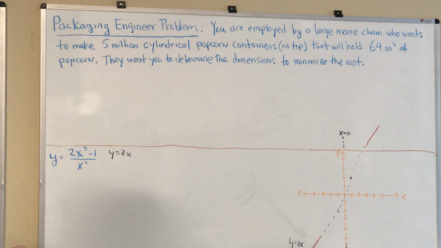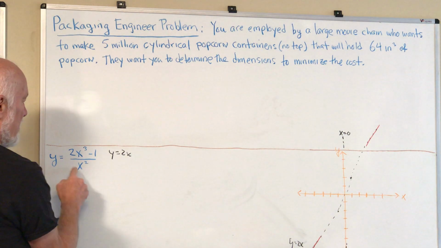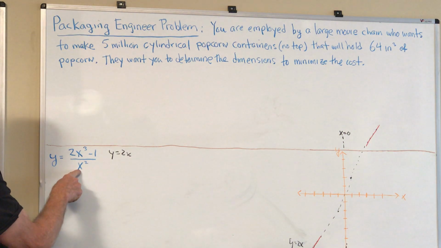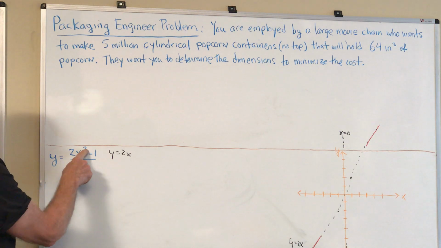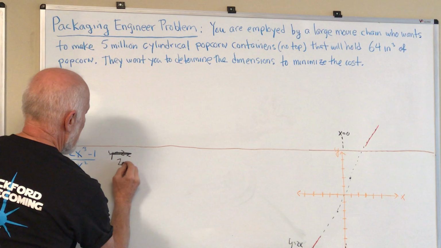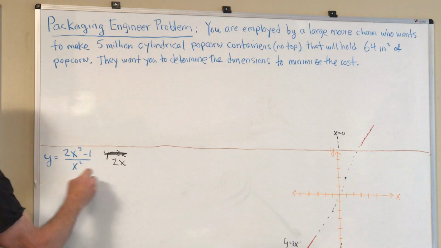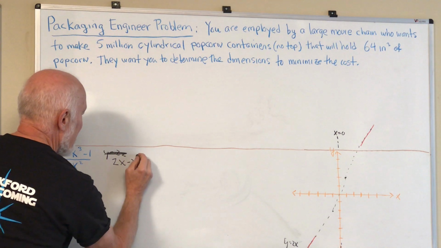Well, let's deal with local maxes and mins and points of inflection and concavity, all that type of thing. I think you can do yourself a big favor here by simplifying this. 2x cubed over x squared is 2x, and then you have minus 1 over x squared, which is minus x to the -2.